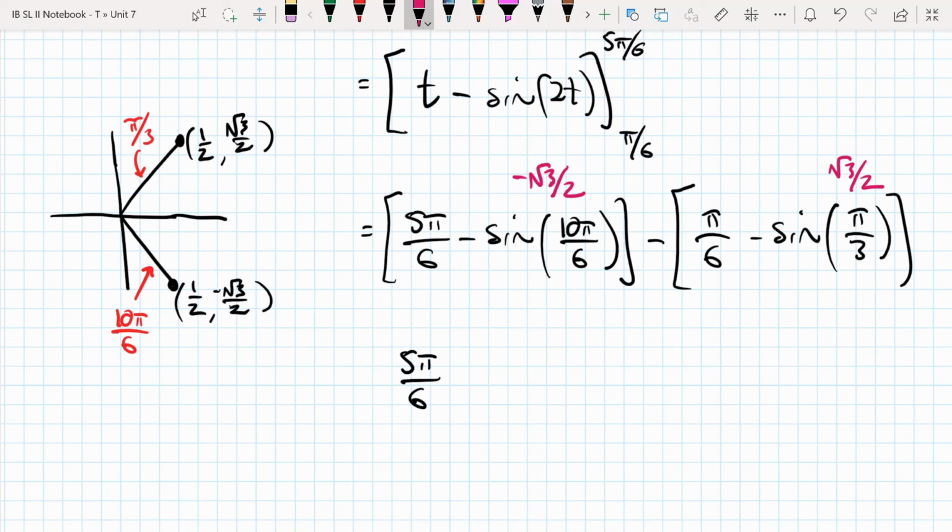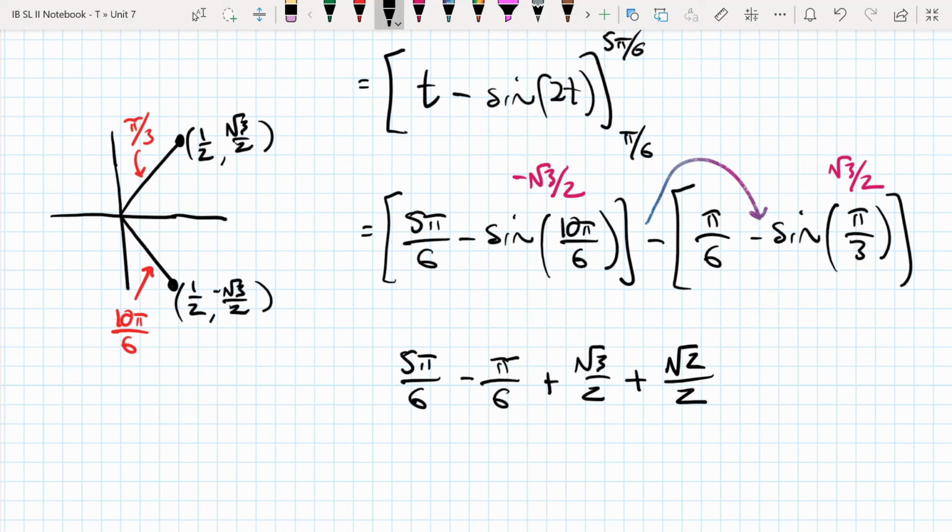Okay, so we end up with, let's rearrange the order here, pi over 6. This is minus 3 pi over 2. Well, this negative gets distributed. So minus negative becomes plus root 3 over 2 for this term, positive, and then root 3 over 2 for this term, positive.